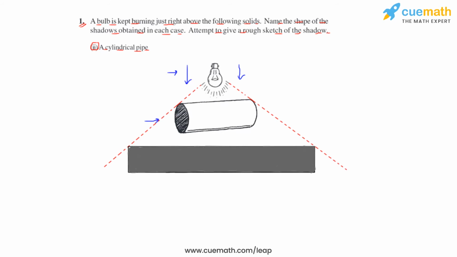Again, looking at the shadow, as we see the rays of light are falling on the object, and hence this is the shadow so formed, which as we can see here is a rectangular shaped shadow. So basically, a cylindrical pipe which is placed under the lamp will get a shadow which is rectangular in shape.